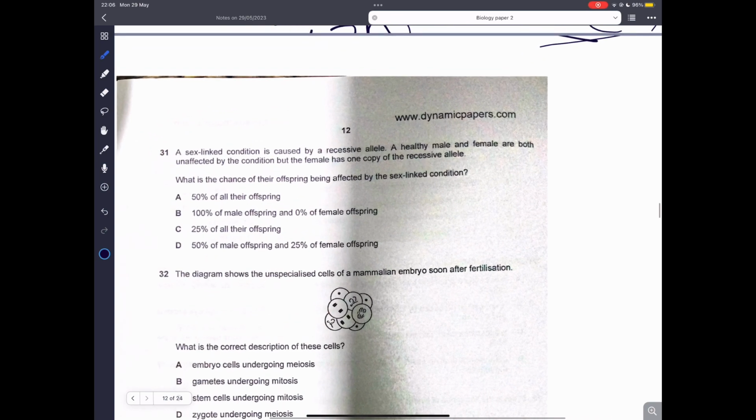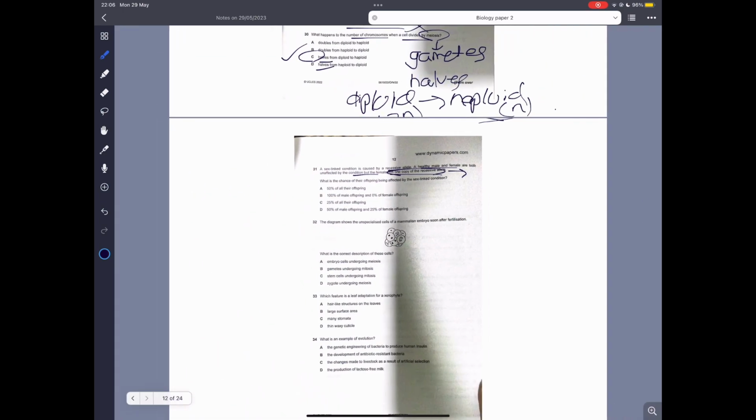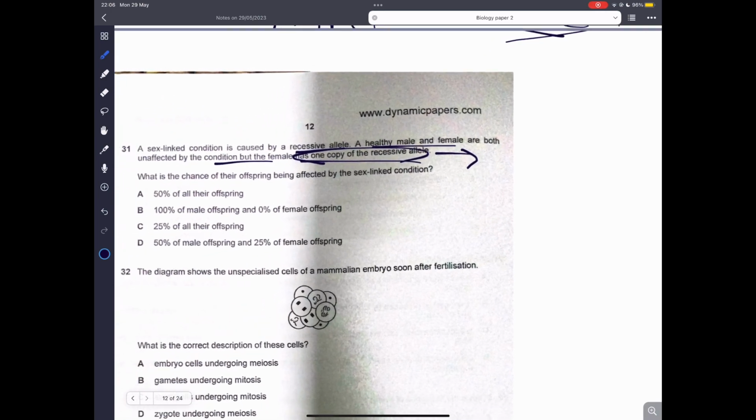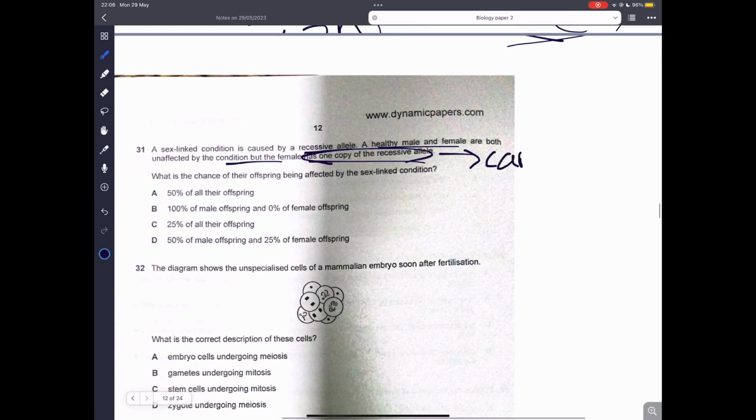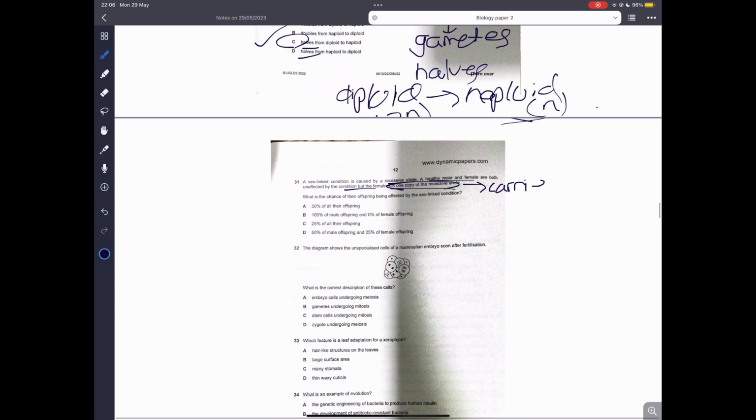31. A sex-linked condition is caused by a recessive allele. A healthy male and female are both unaffected by the condition, but the female has only one copy of the recessive allele. Well, this means that the female is a carrier. Although they are not affected by it, they do have the ability to transfer it to the next generation. What is the chance of the offspring being affected by the sex-linked condition?